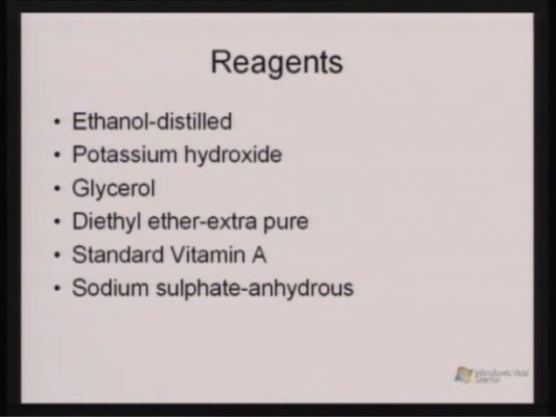The standard vitamin A can be in acetate form or palmitate form based on your requirement. If the sample is supposed to have vitamin A in acetate form, you need to take the standard of acetate form. But finally, you are saponifying the sample contents, so the standard in either acetate form or palmitate form will become vitamin A.